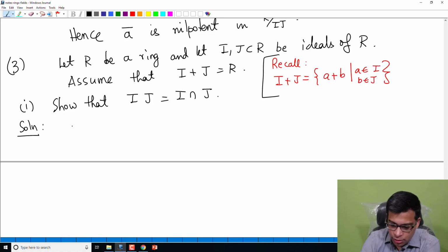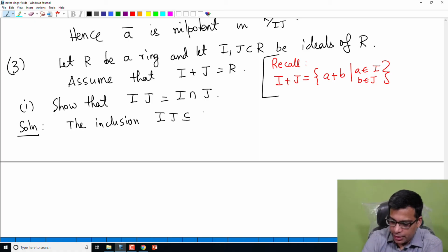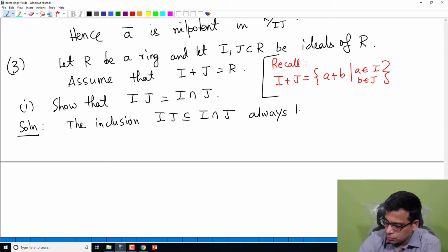Note that the inclusion IJ is contained in I intersection J always holds, and this is an easy check.